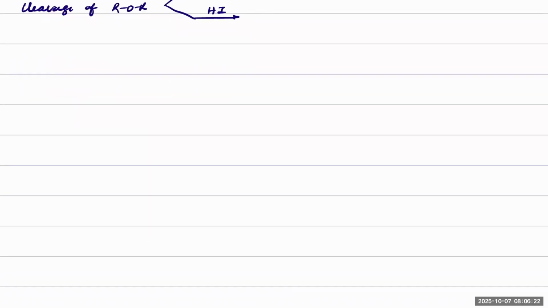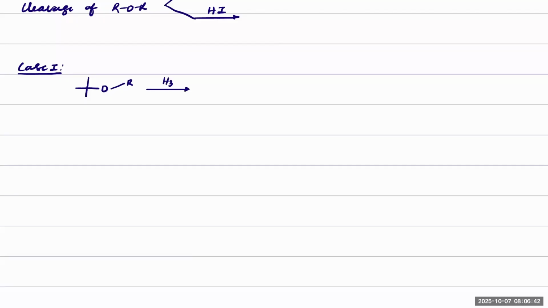Let me put this as case one. What will happen in case one and what will happen in case two. Case one is if I have any tertiary alkyl group here with R, and then I am doing hydrolysis.